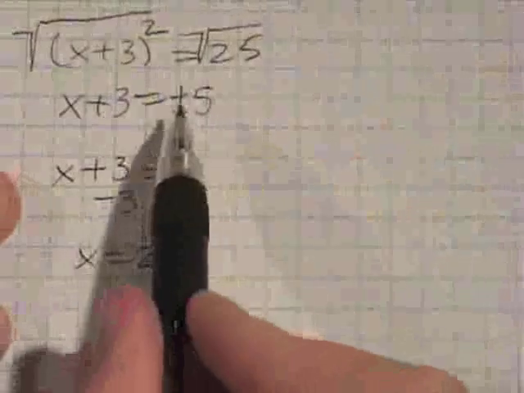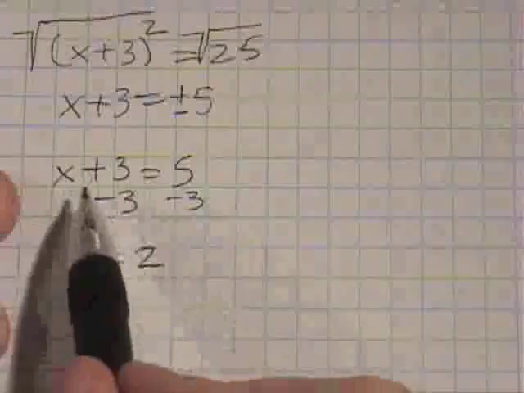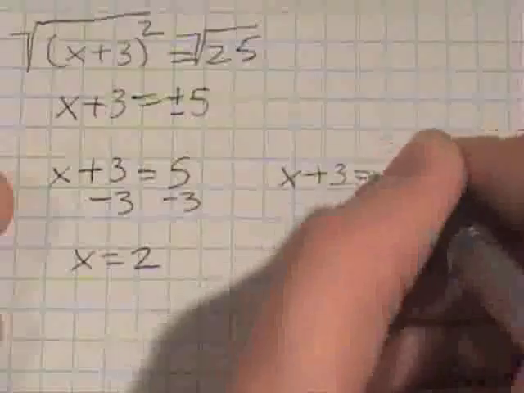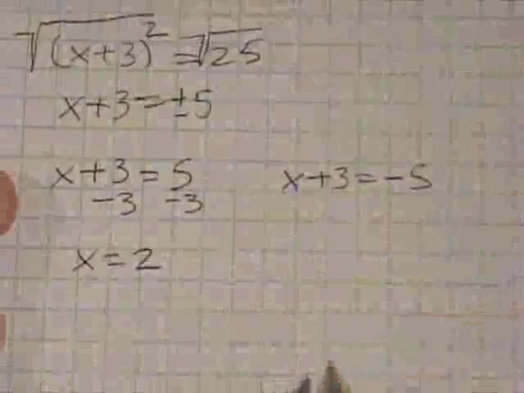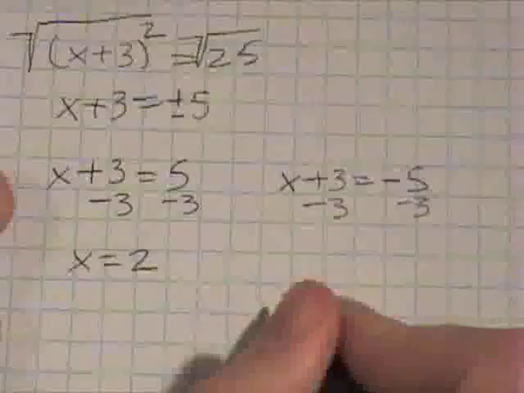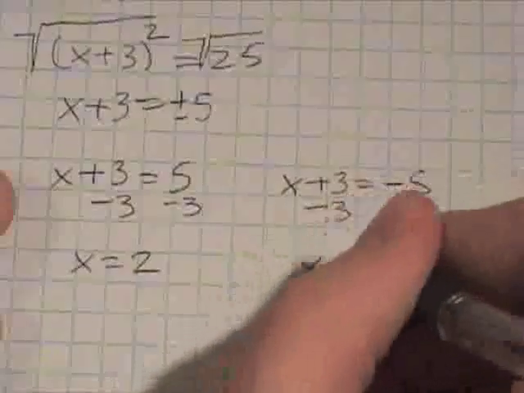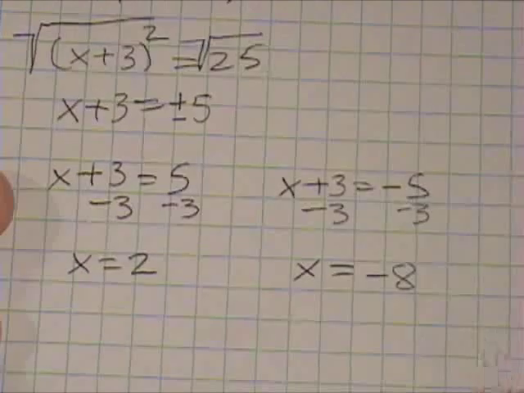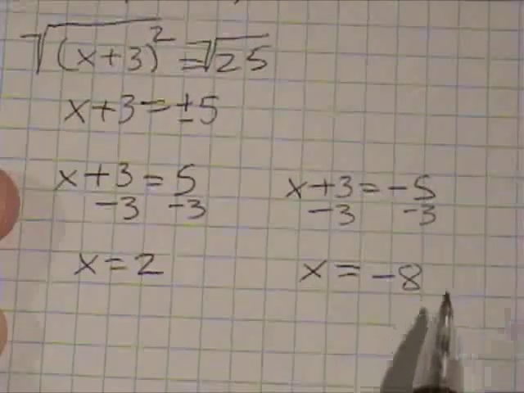That's where the plus or minus comes into effect, remember. So x plus 3 equals negative 5. Let's subtract 3 from each side. So x equals negative 8.